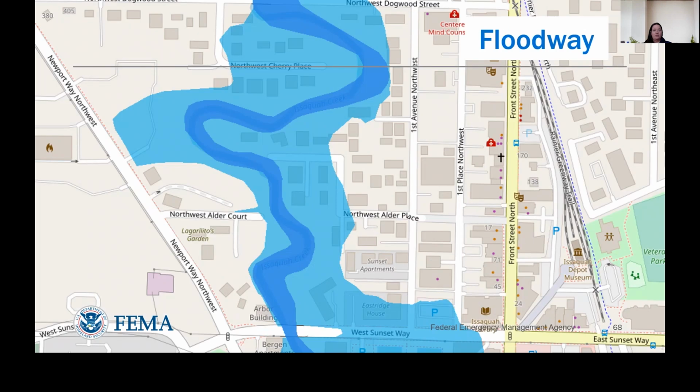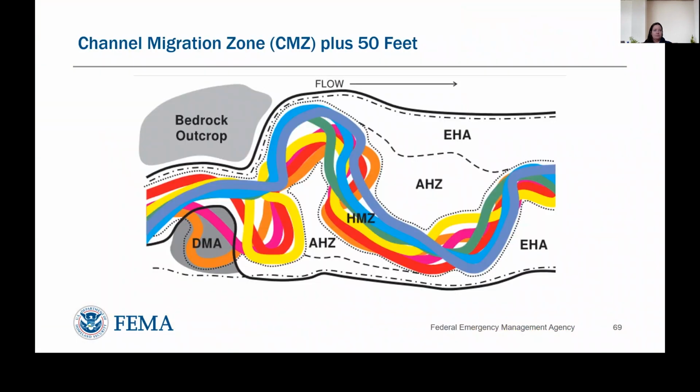So let's dig into that a little bit more. We're all pretty familiar with the floodway. If there's a mapped floodway in that area, that's going to make up part of the protected area. The channel migration zone. If you look at this picture, each one of these colored little squiggly lines is the location of that river in a certain decade, right? So this looks over past a number of decades, and this is where the river is at each one of those decades.